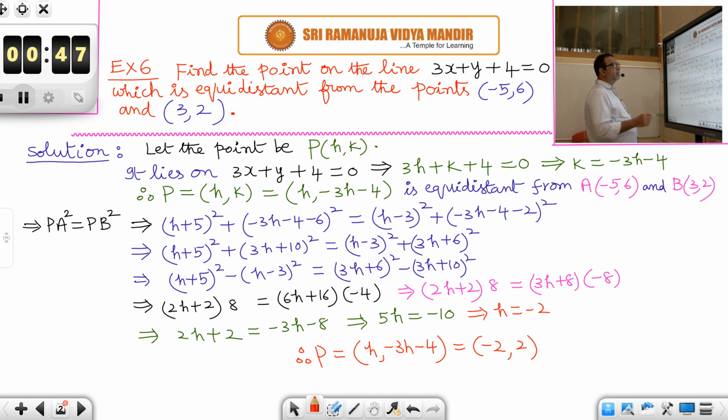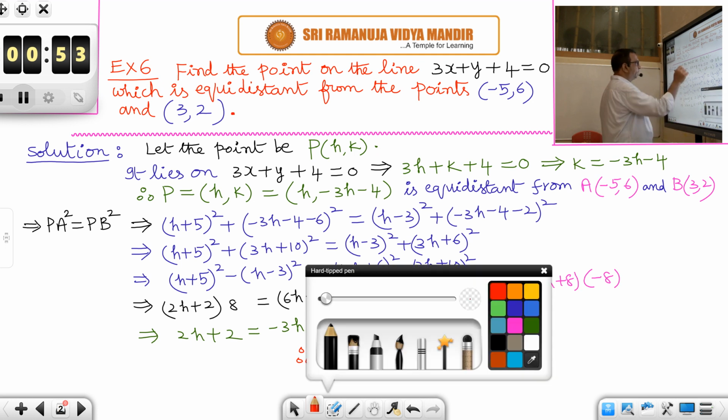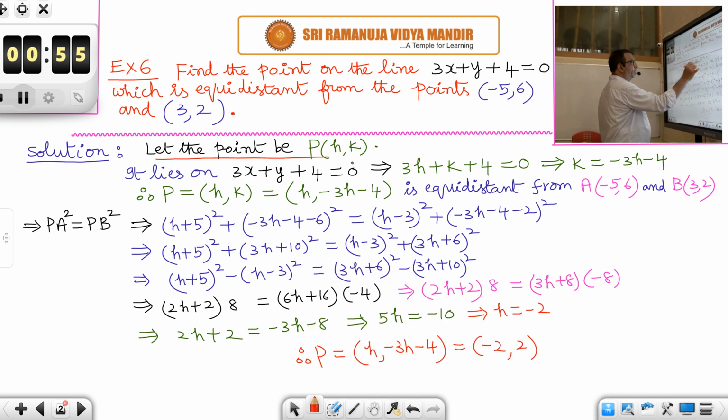First method. We want the point, so I will start with: let the point be h comma k. It is on the line 3x plus y plus 4 equal to 0. So substituting it in the equation, you get 3h plus k plus 4 equal to 0.